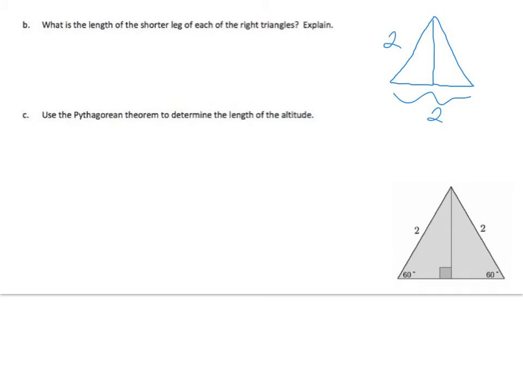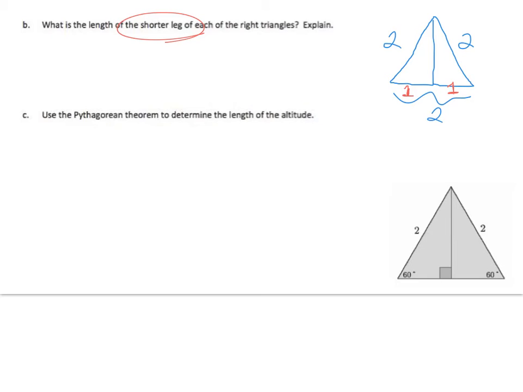So we can say that each smaller triangle has a base of 1. Because it's an equilateral triangle, each leg was 2 units long, so I'm going to split that base up equally, giving me 1 and 1.